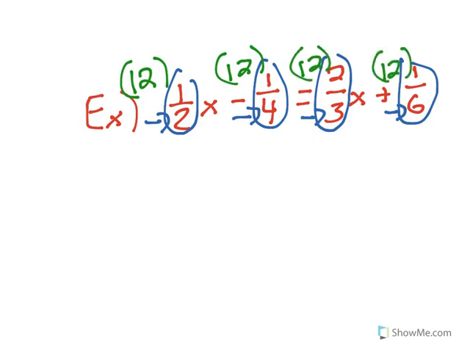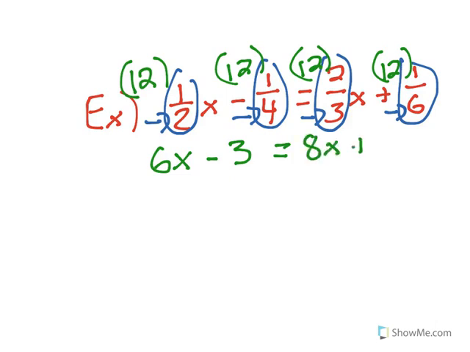This will allow me to get rid of all my fractions and make this a much more manageable problem for us. 12 times 1/2 x, 6x. 12 times 1/4, negative 1/4 I should say, is going to be a -3. Equals 12 times 2/3 x is going to be 8x.